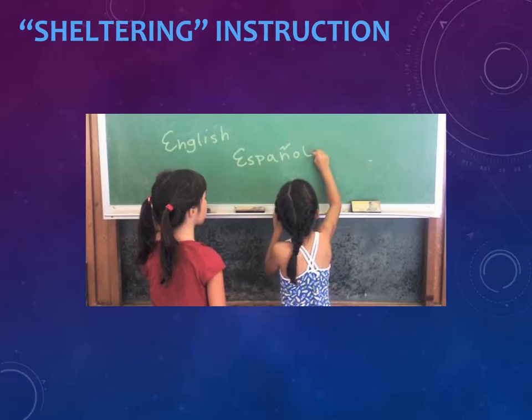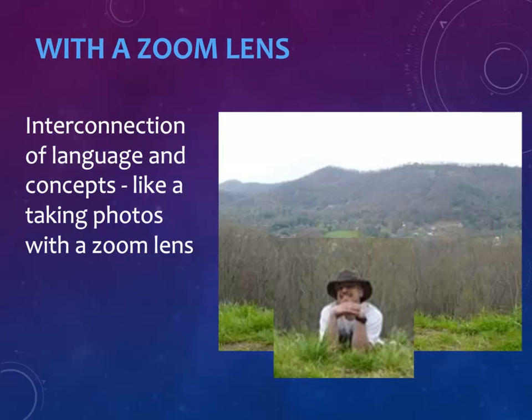In addition, it means you need to uncover the language demand of your instruction and provide students opportunities to develop the needed language about the key concepts at their level of language proficiency. To capture the interconnection between language and content, think of using a zoom lens on a camera. You are taking pictures of a person in the mountains. At one moment, you zoom the lens in on the person smiling in the foreground, with the mountains providing a beautiful backdrop.